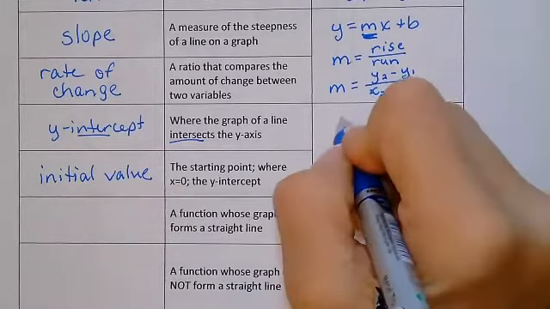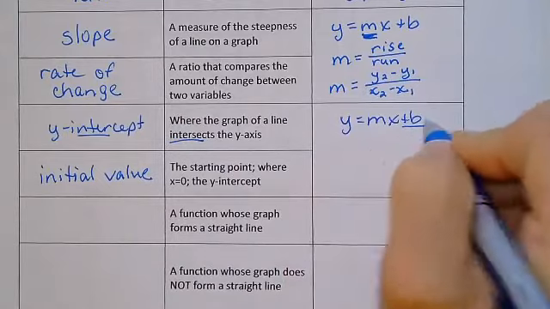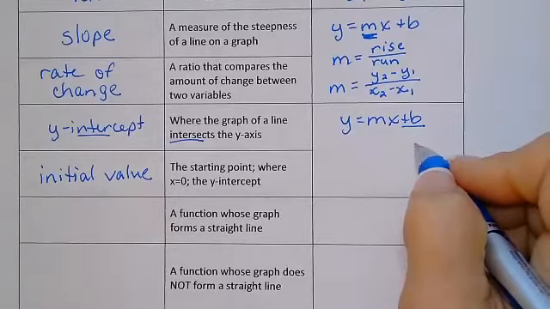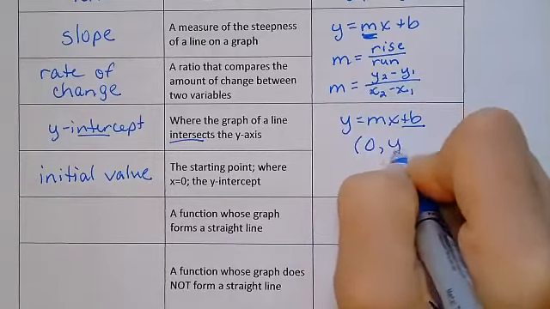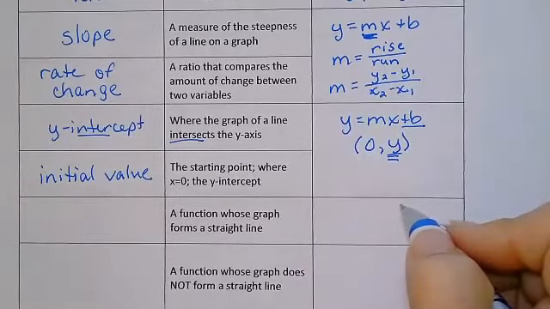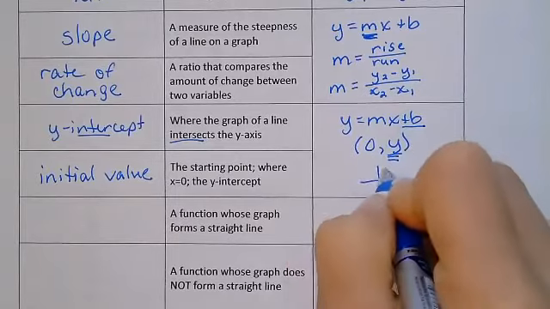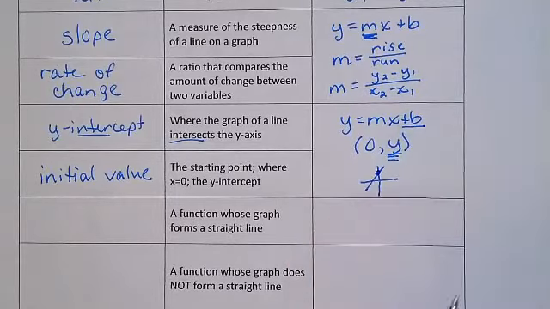Okay, so we're going to use y equals mx plus b again, where b is the y-intercept or the initial value. So it would be wherever x is 0, then y is the y-intercept, or the initial value. On a graph, it would be wherever it intersects the y-axis.